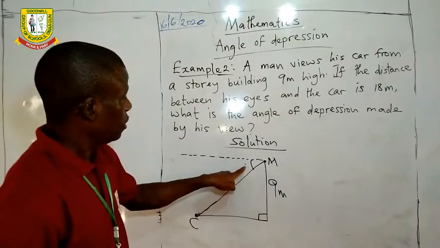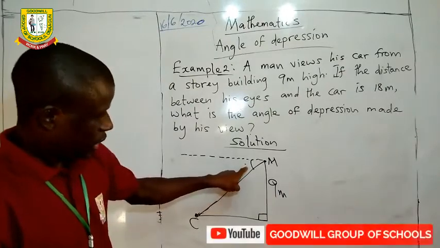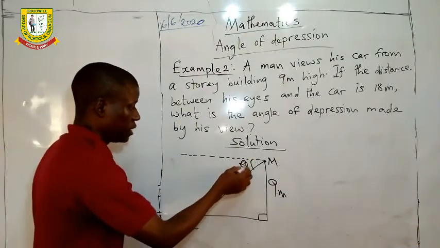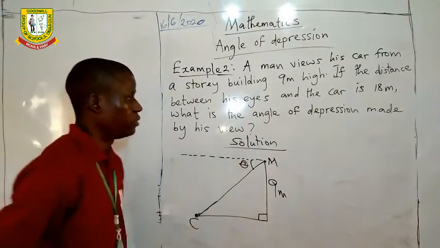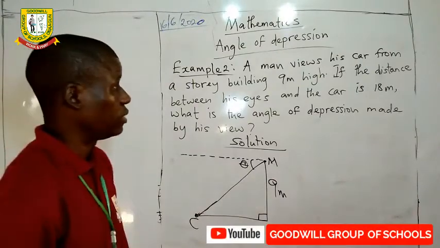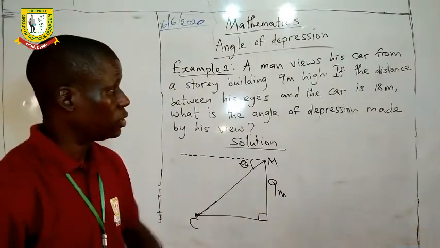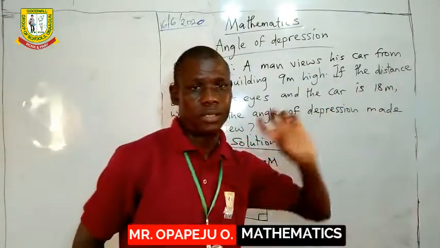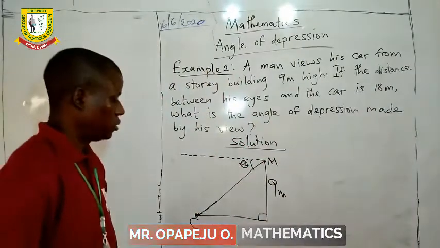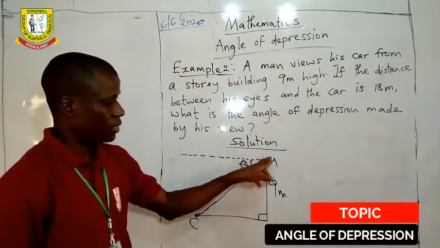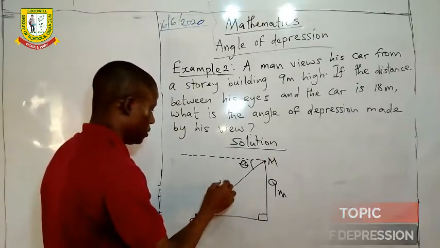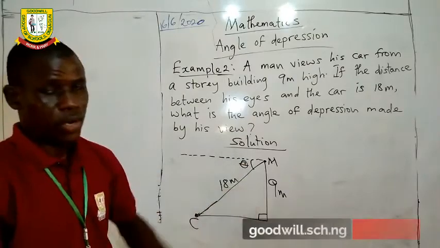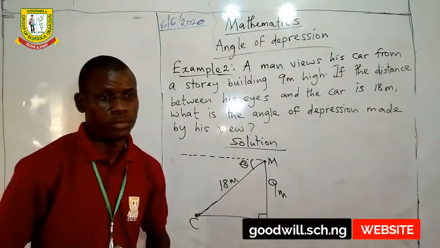Now, we are asked to calculate the angle. So that means we can make use of an unknown symbol to represent it. What other information is given in the question? The distance between his eyes and the car is 18 meters. What is the angle of depression?